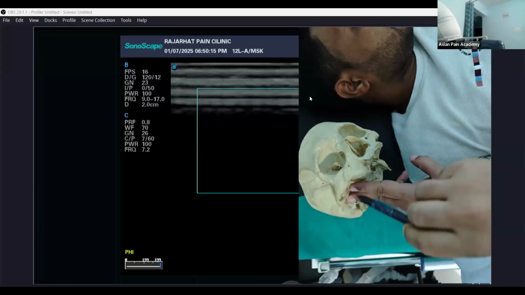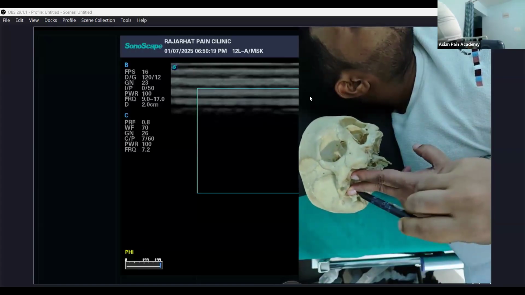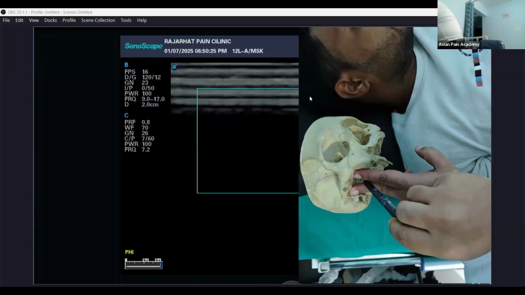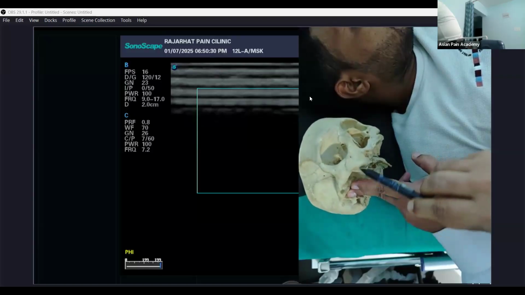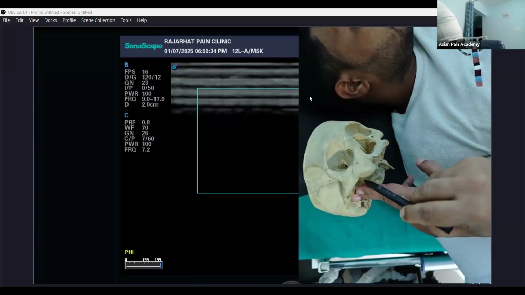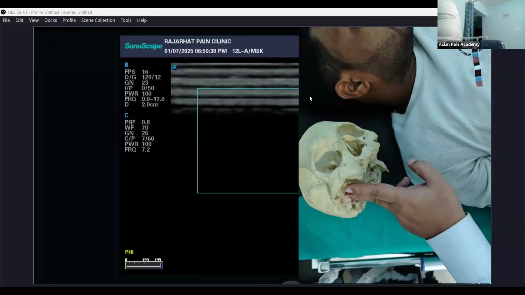If I see the pterygoid plate between 1 and 2, just posterior to the pterygoid plate will be the mandibular branch. And if I hit the pterygoid plate and go anteriorly, I will go for the maxillary branch. Understood?